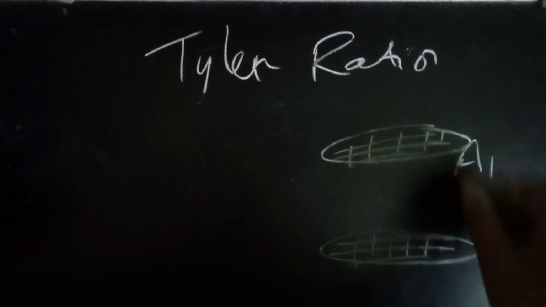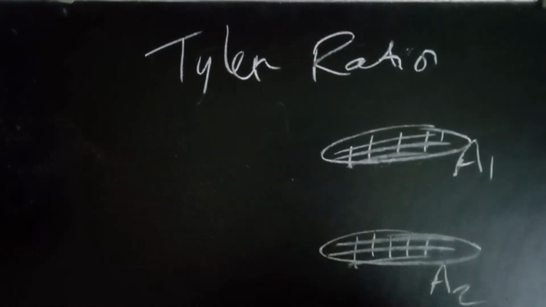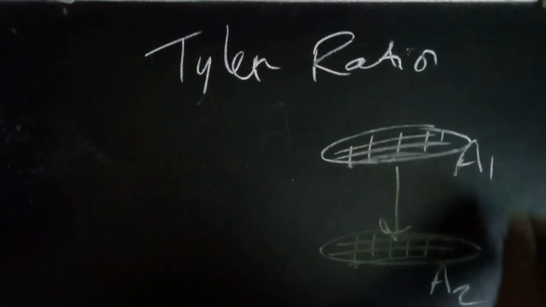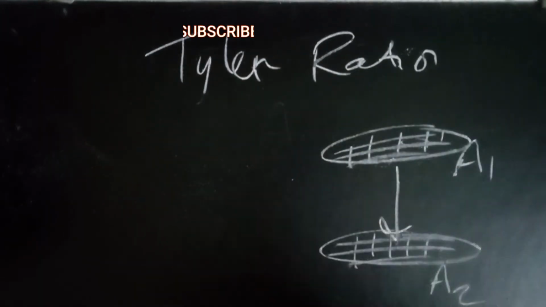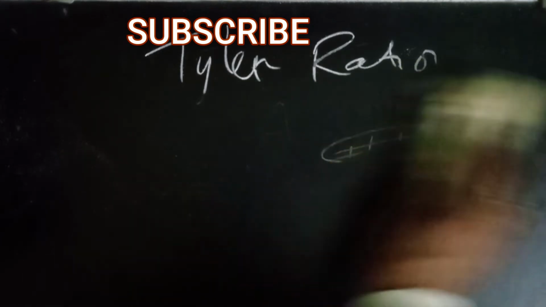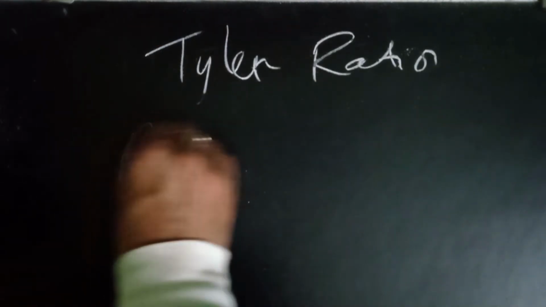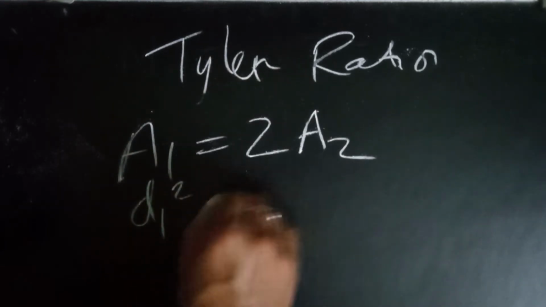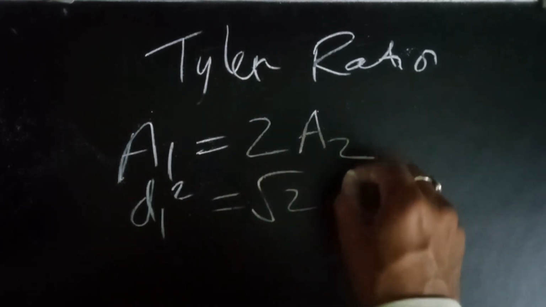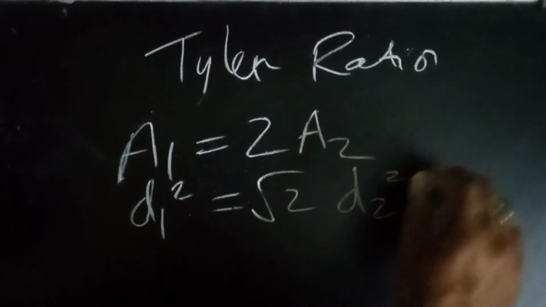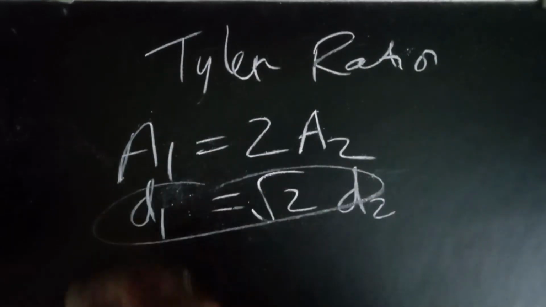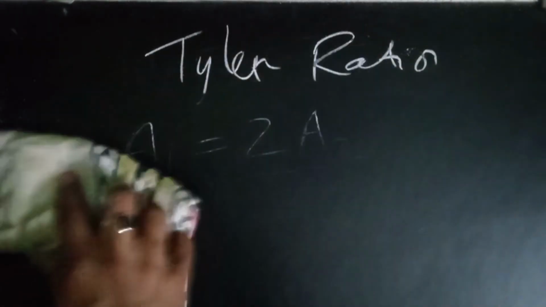The area A1 is twice the area of A2. That means A1 is twice A2, so D1 squared equals twice D2 squared. Not squared, so it will be under root. This is a relation you must remember for the Tyler ratio of the screen.